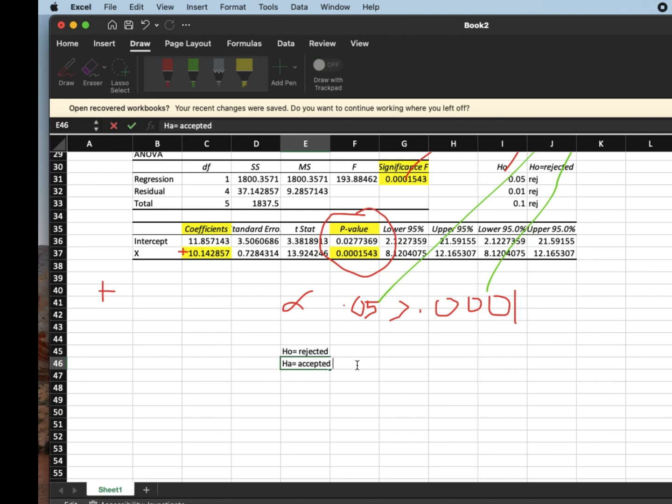So that's how you're going to conclude: if there is an increase in the number of nurses, you can predict that there will also be a corresponding increase in the number of patients. So it makes sense. That's how we're going to interpret your given data.